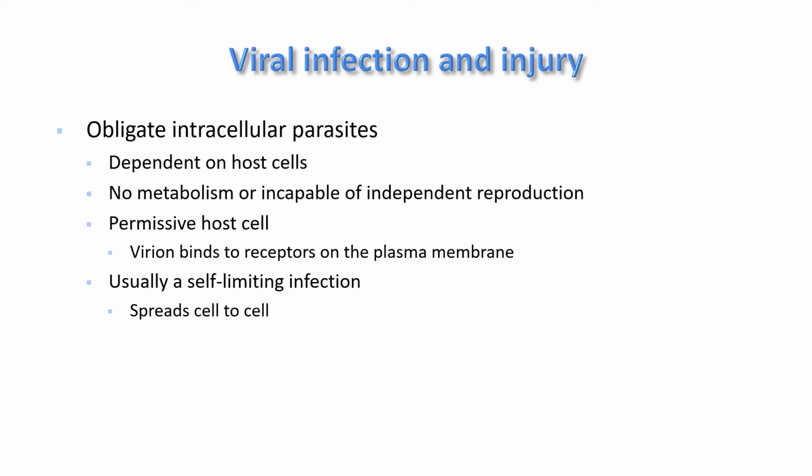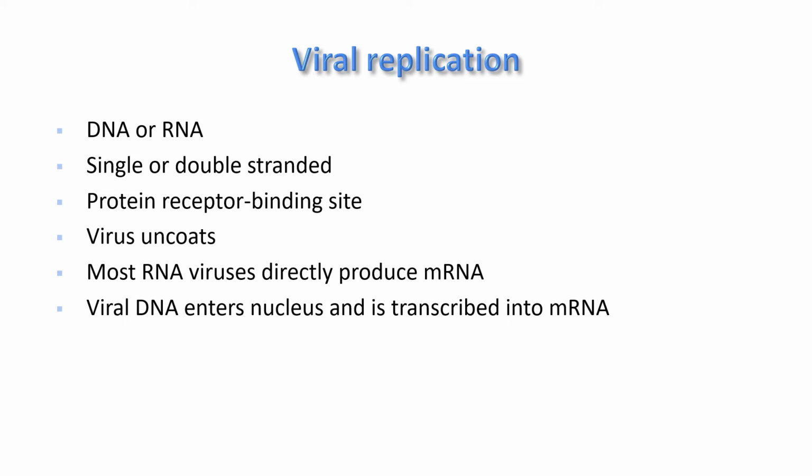So they use our cells as a factory. They go into the cell and they cause our cells to become their slaves. They use our cells' enzymatic machinery to replicate, and then millions of them will come out of the cell after replication. So either DNA or RNA, single or double-stranded, protein receptor binding site on the coat.